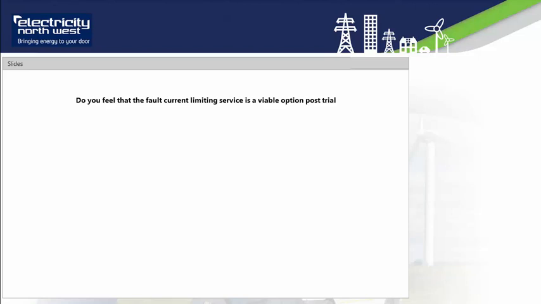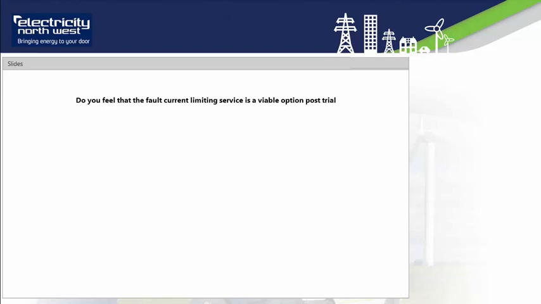But potentially by offering a new constrained connection at the fault level, which would essentially be an extension of the G59 regs, DNOs could secure a fault level response from new generation customers, and critically without the need for ongoing customer payments.